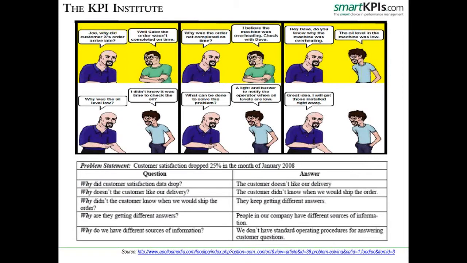Now, what is important with this technique is the point where you stop with asking these questions. You shouldn't stop at the person as the main trigger of a certain issue in a process that you are employing. But you should look actually at the process itself.